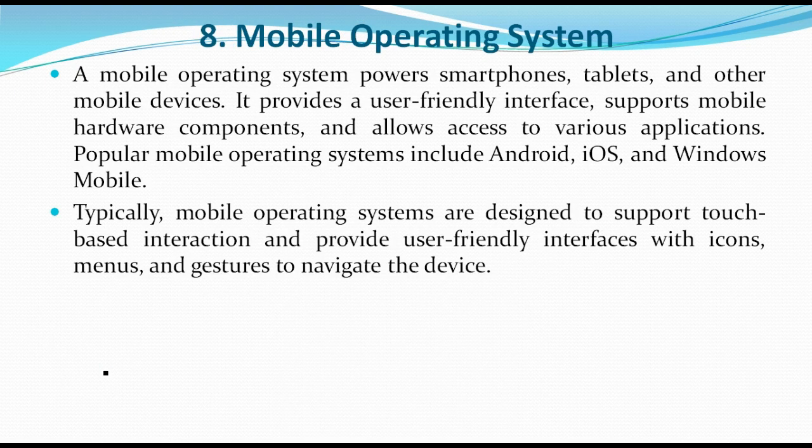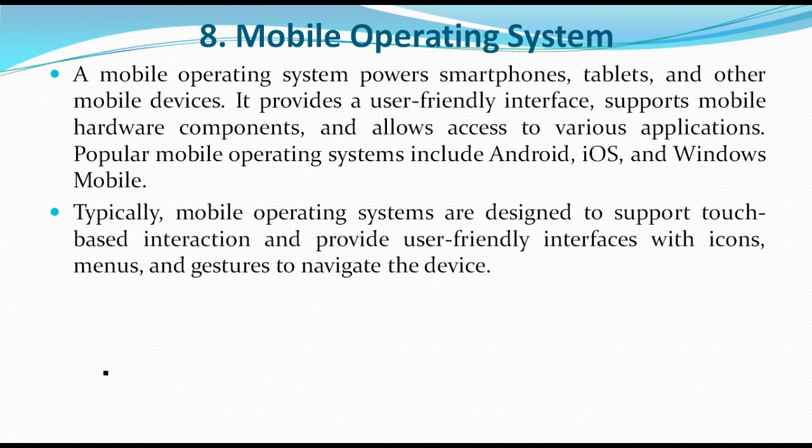These operating systems provide a user friendly interface, support the mobile hardware components, and allow access to the various applications installed on our tablets and smartphones. They include iOS, Android, Windows, etc. Mobile operating systems are designed to support touch based interaction, because most tablets and smartphones are touch based nowadays.